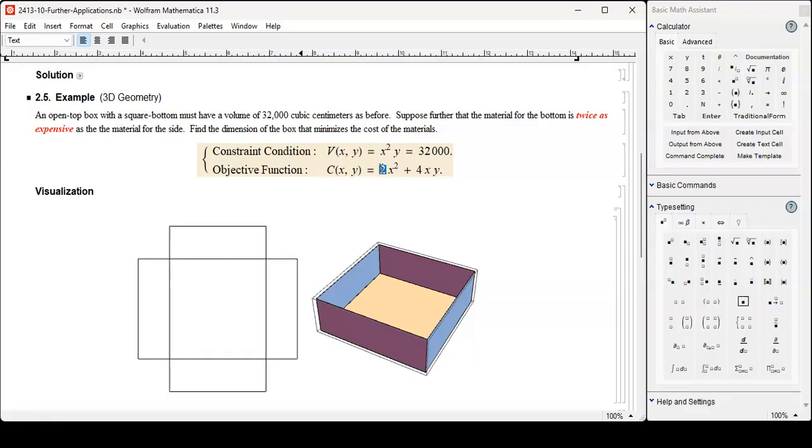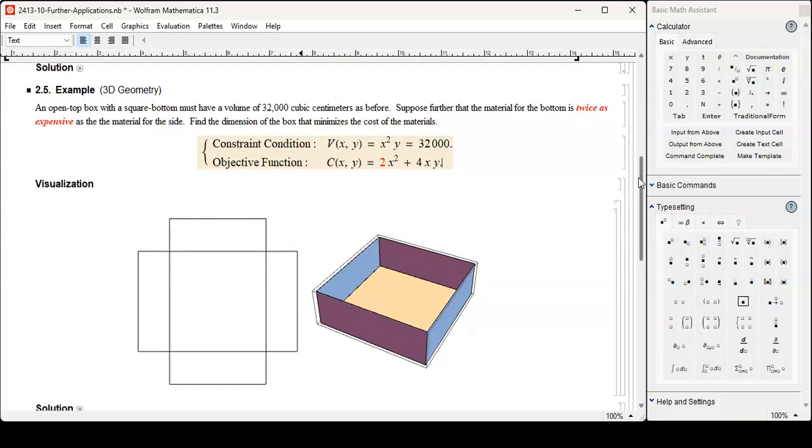Do you see how this 2 is coming into play? The problem said twice as expensive. If this had been 3 times as expensive, you'll have to multiply by 3. So that's the setup. Previously, we didn't have this 2. It was just x squared. Now we have this 2 because of this adjustment.